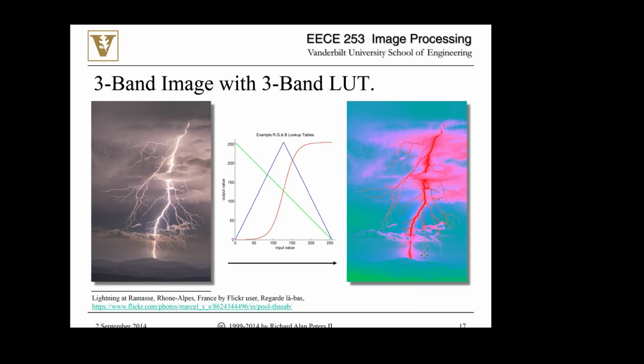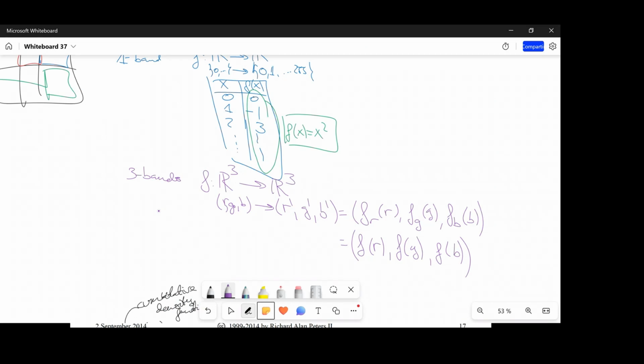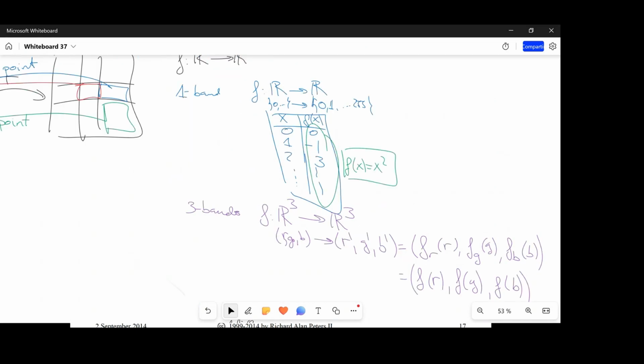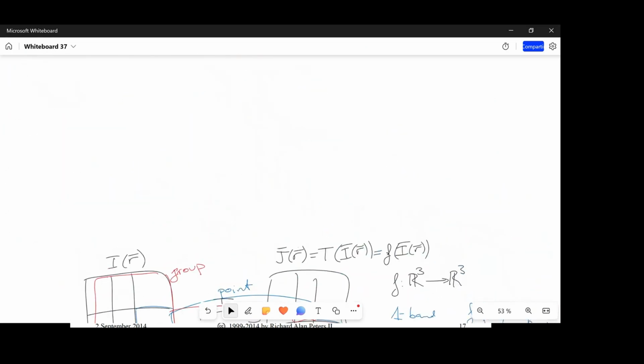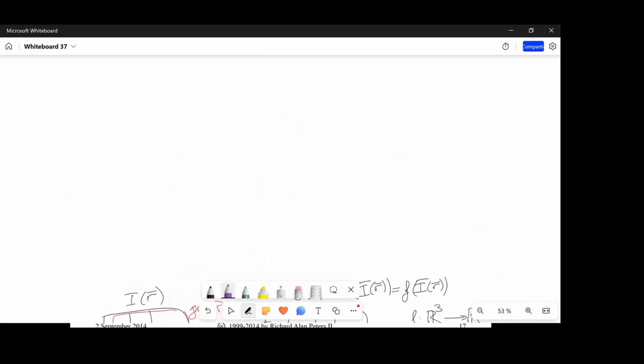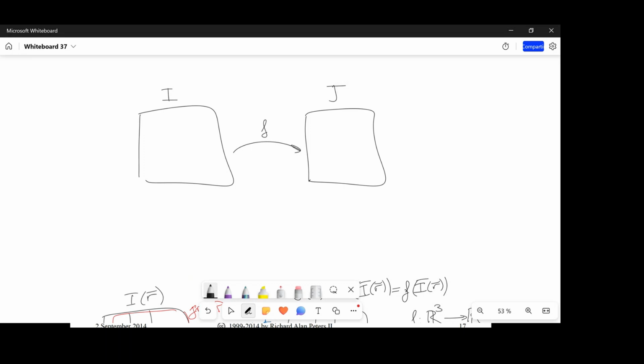Okay, so from this image, I want to recover this one. So I have an image, and I have transformed it with a function. These are vectors, so this function is also a vector.